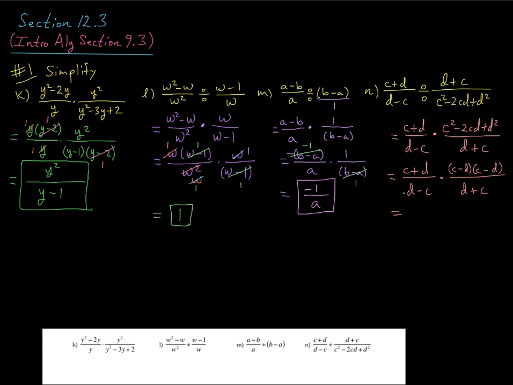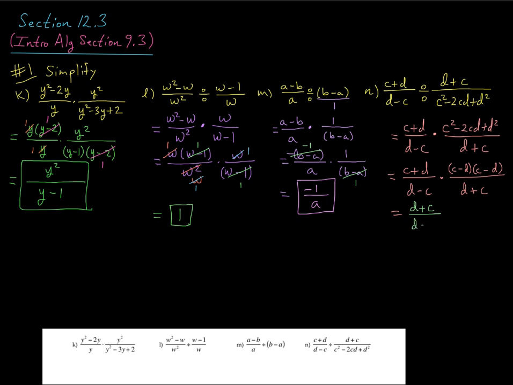The other thing I notice is that I have a d minus c and a c minus d. That's just like what we saw in part M. I can flip one of these c minus d's and stick a negative in front, and then that'll allow me to divide. So I'm going to do a couple things here. First, I'll just rewrite the c plus d as d plus c.